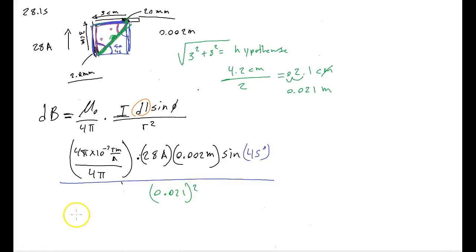Okay, and we square it, and when we solve for everything here, we result with 2.88 times 10 to the negative 6 teslas into the page.